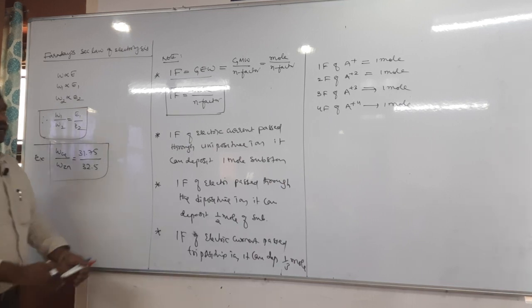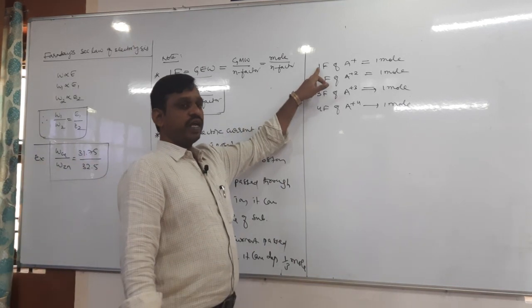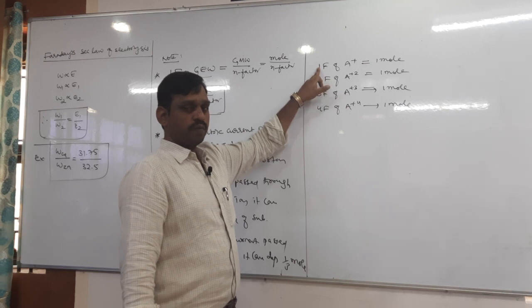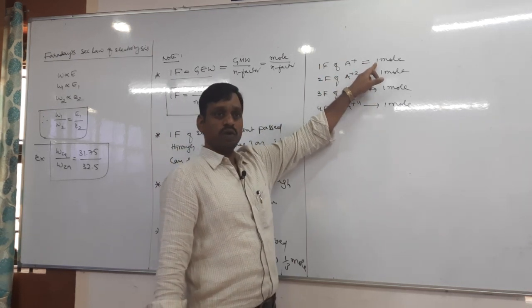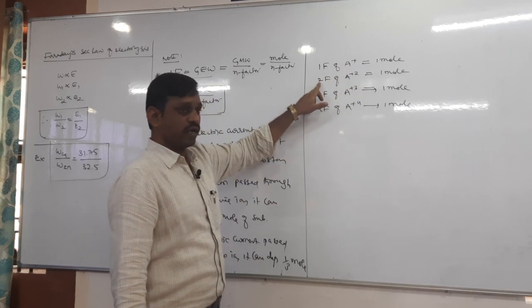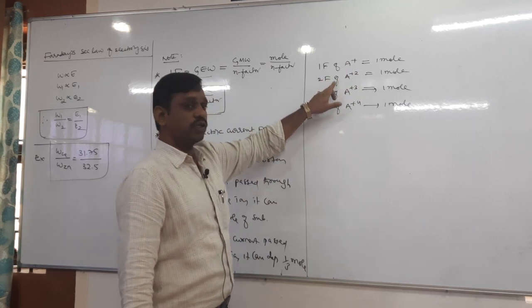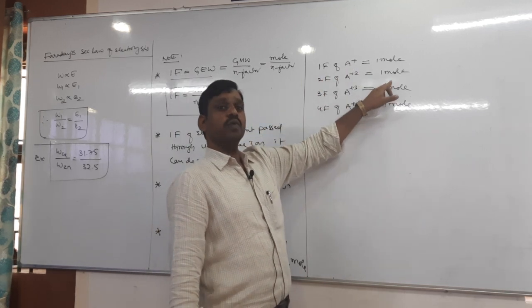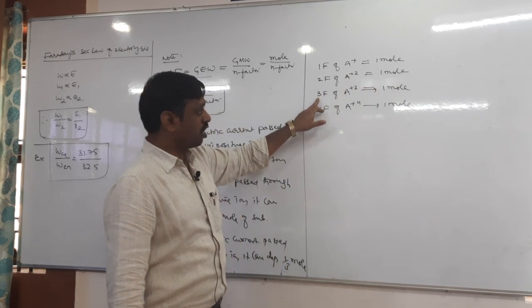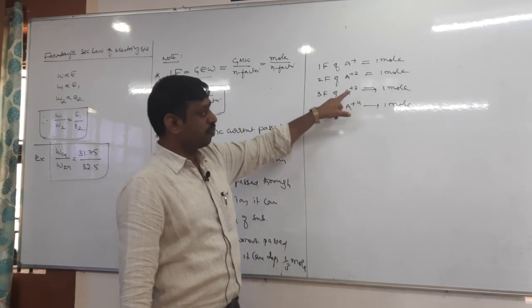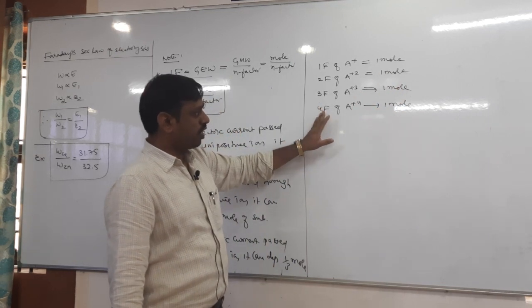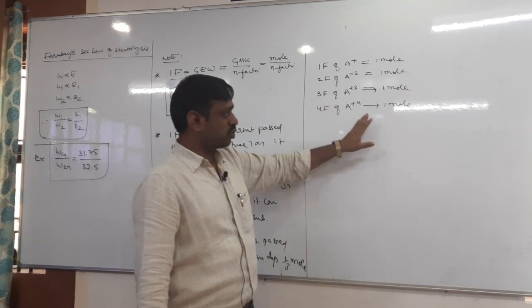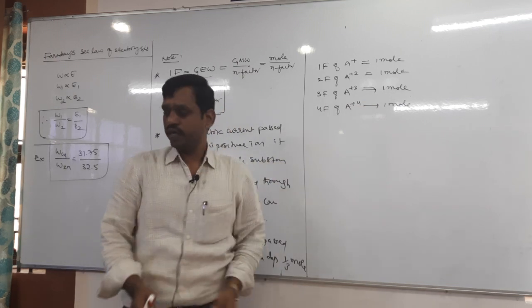Now can we write like this? 1 Faraday passed through the unipositive ion deposits 1 mole. 2 Faraday passed through the dipositive ion deposits 1 mole. 3 Faraday of tripositive deposits 1 mole, and 4 Faraday passed through the tetrapositive gives again 1 mole. Okay, write down the question.